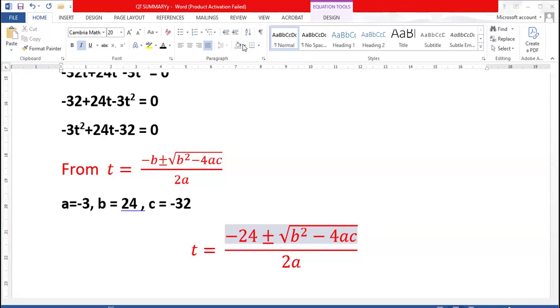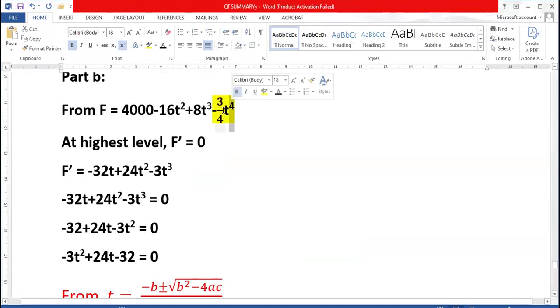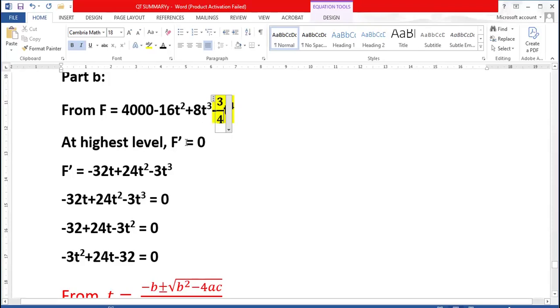Someone is asking, pardon, how you have differentiated. Here is how we have differentiated this. When we are differentiating, we take the original power, which is 4, times the constant, which is 3 out of 4. So 4 times 3, you get 12 divided by 4, and you get this one.